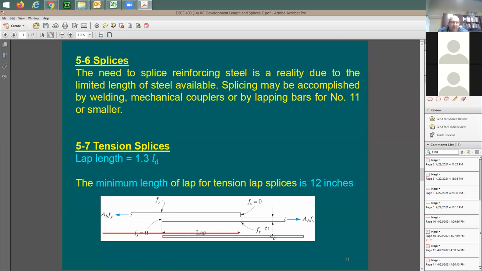But what you started with, you have some tension in this rebar here, and you'd like to transfer it to the other bar. How is it going to happen? This tension force in the rebar is going to be transferred to the surrounding concrete. The surrounding concrete is going to be taking this tension and then delivering it back to the other rebar. So you start here with some tension force, right?